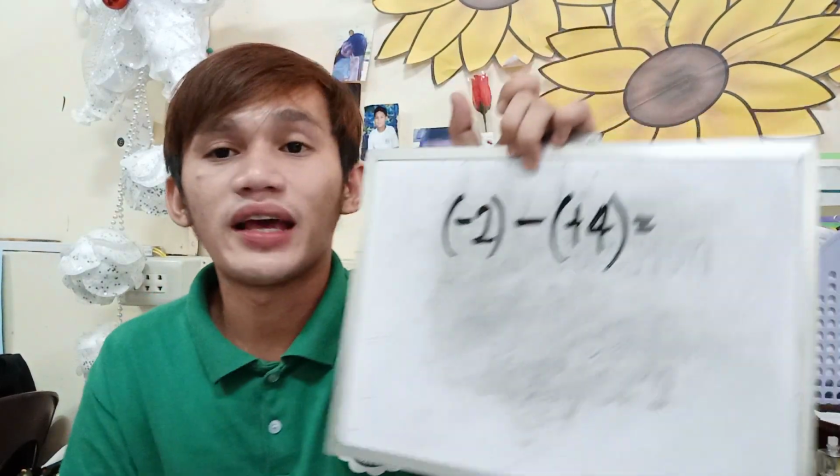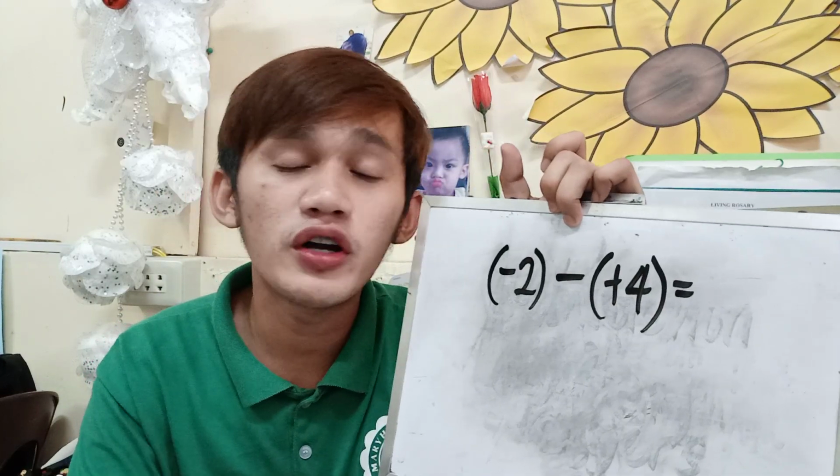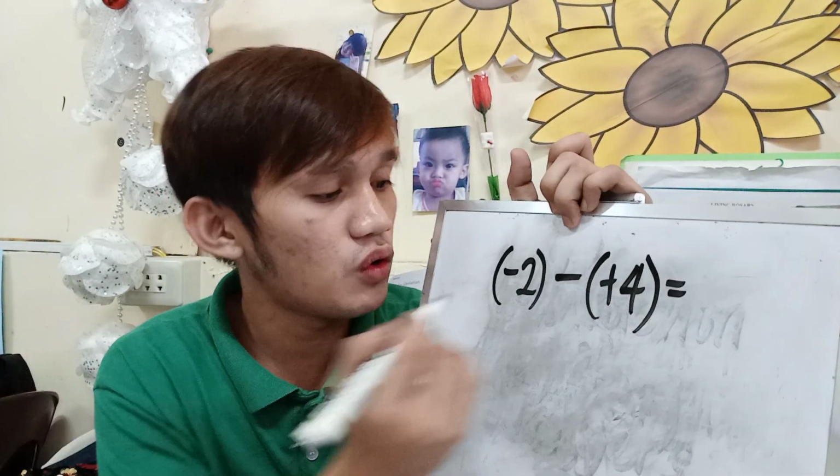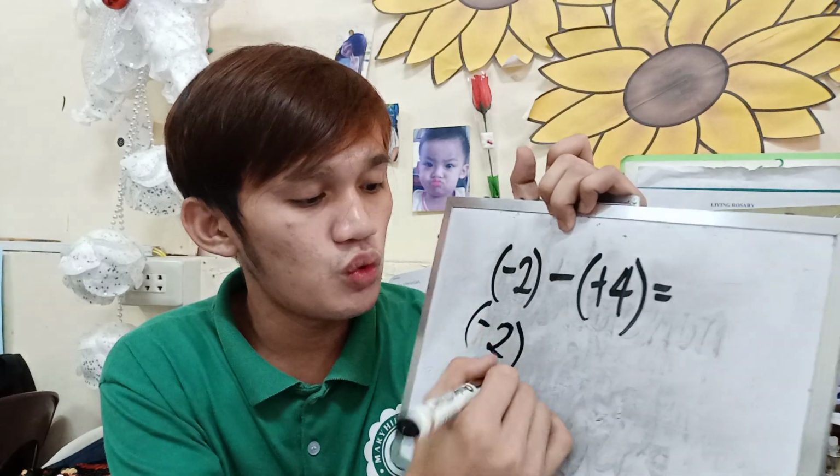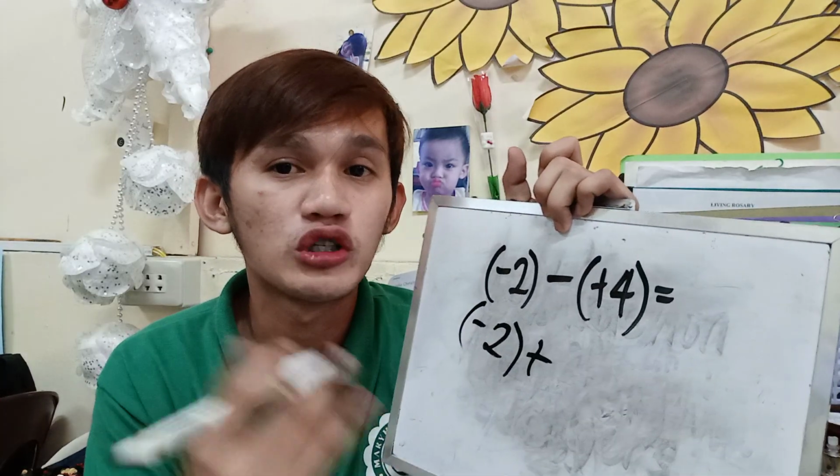Let us have another example so that you will better understand how to subtract integers. How about negative 2 minus positive 4? So negative 2 plus negative 4. Same, we apply the definition: negative 2, your minuend, added to your subtrahend.